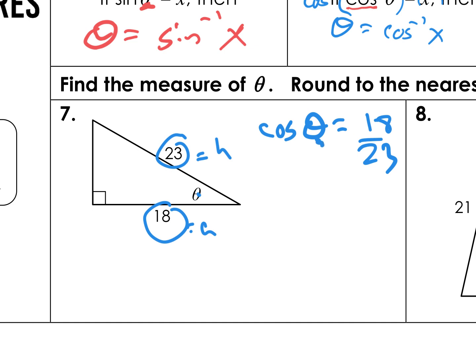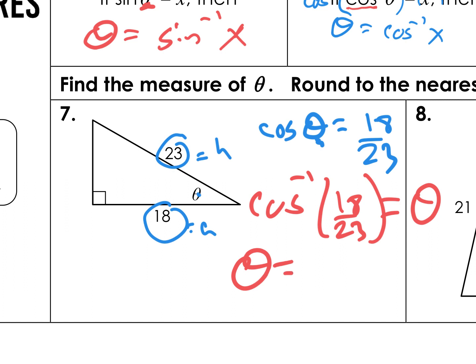So what I do is the inverse cosine of this fraction, which will give me theta. So now pick up your calculator, type in inverse cosine from the trig button, and put in the fraction 18 divided by 23. Hit enter, and like magic, your angle comes out. 38.5. And should it have a unit? Degrees. Nice. Good job.